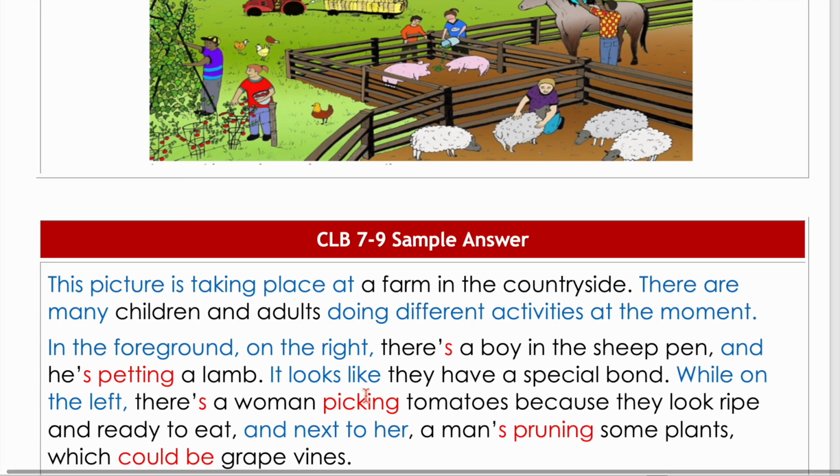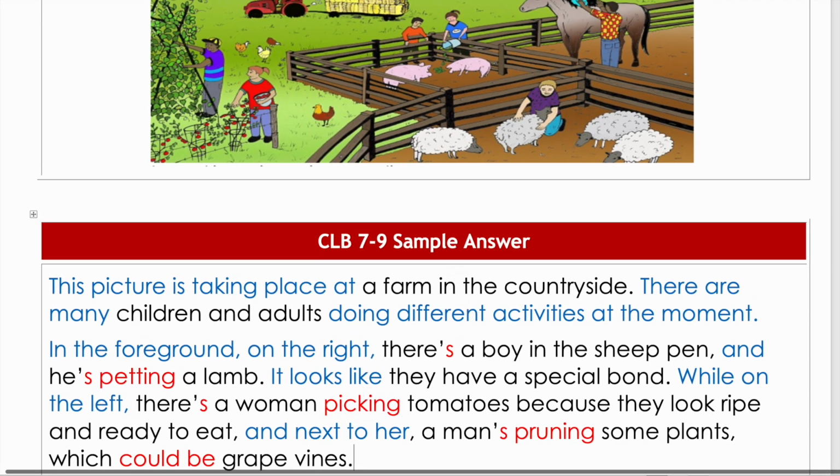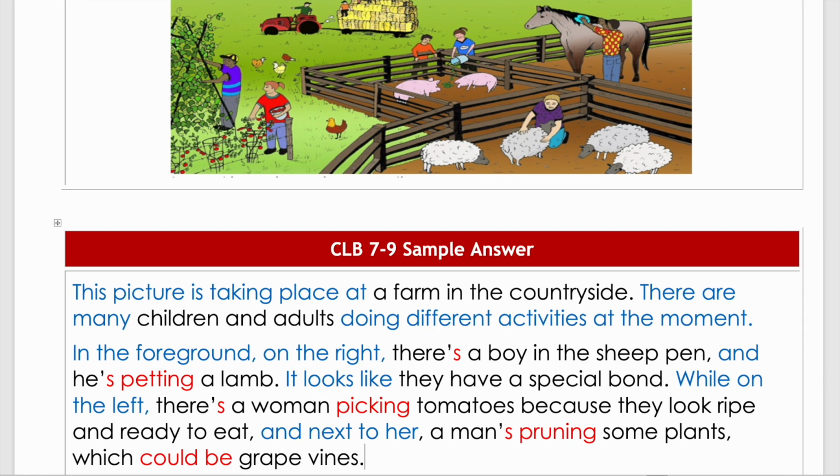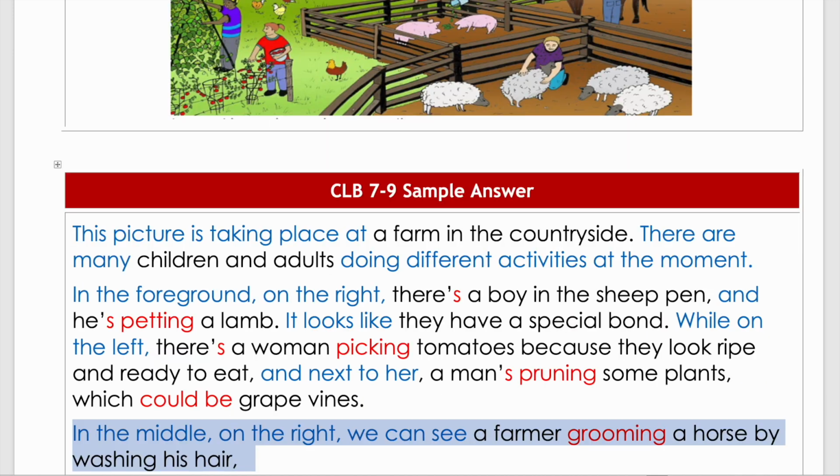So again, we have good language use already. Again, it's not like in part, actually, 7s to 9s, they have a difficult time using strong language for this part. I'm trying to do that again, which it looks like, and which could be, you see, which could be grapevines, okay?